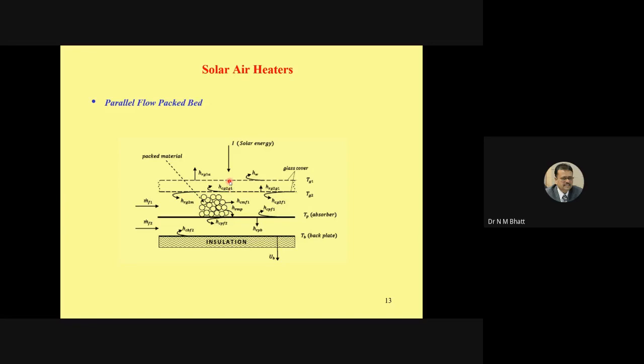With two glass covers, 0.9 times 0.9, so only 81%. Under ideal conditions, only 81% radiation is going to the absorber. So this is also once again an optimization problem: whether to go for one cover or two covers. That depends on a case-to-case basis. If it is of course vacuum, the problem is very simple. You go for only one cover.